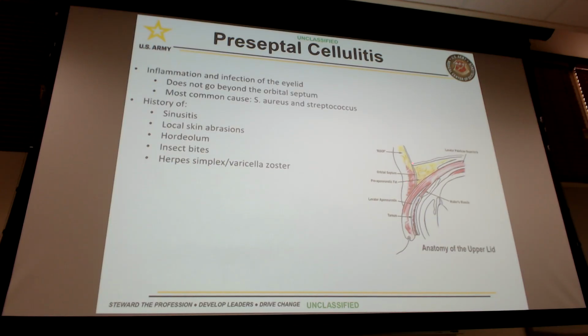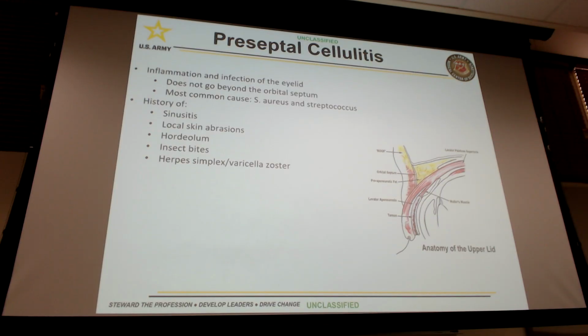Okay, that little piece of tissue, that is what guards basically the brain. If you get in front of the orbital septum an infection, not that big of a deal, because we can treat it and it's going to stay localized to the front of the eye. But as soon as you get behind that orbital septum, now any sort of bacteria has free range to the brain, and we don't want that because you can die.